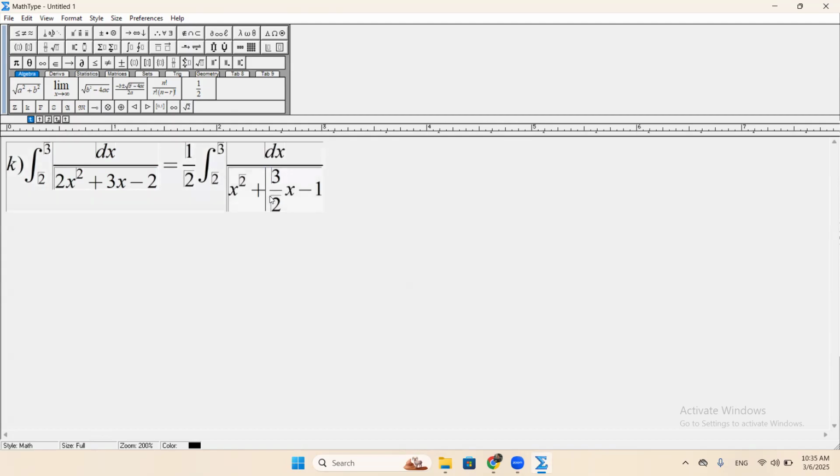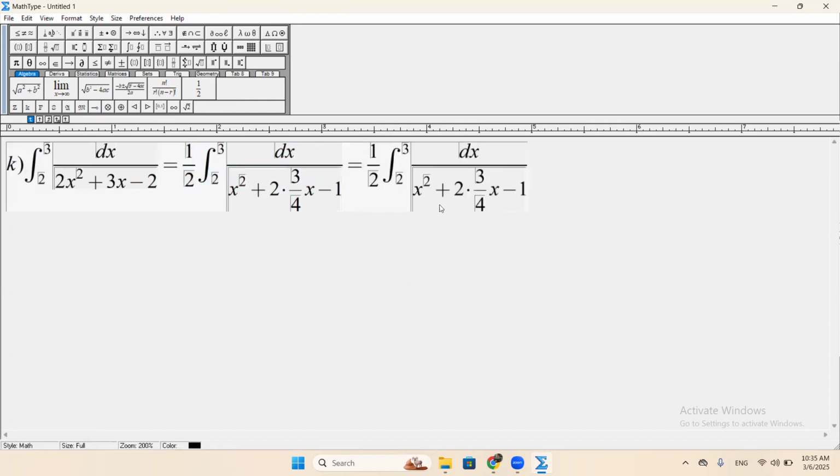And by the way, it is 2 multiplied by 2 multiplied by 3 over 4. So it's a double product. So now let's continue extracting the perfect square. So plus 9 over 16 and minus 9 over 16.